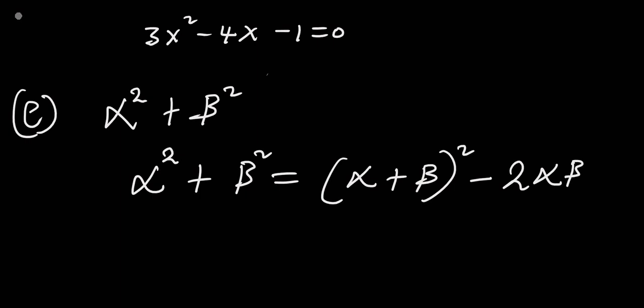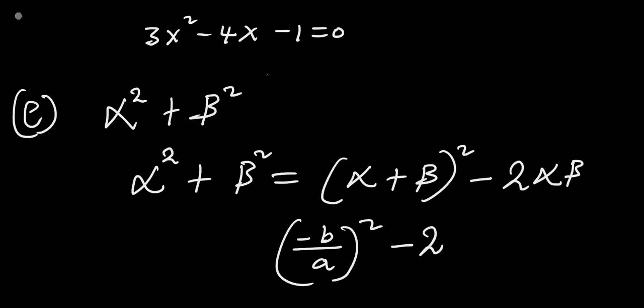So now recall that sum of roots is negative b over a. So we can simply square this minus the product of roots, which is c over a.